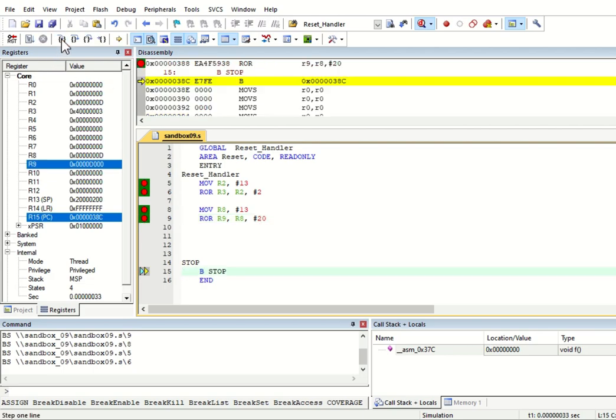Okay, let's see what we get. There you go. We see D appearing right here. So it's effectively moved 12 bits to the left by using a rotate right command with 20 rotations to the right hand side. I hope this makes sense.